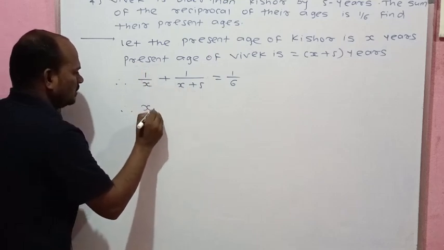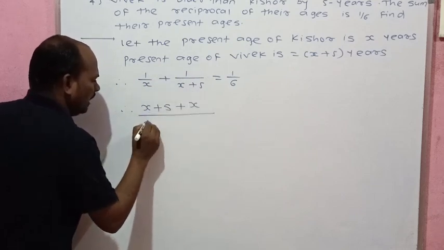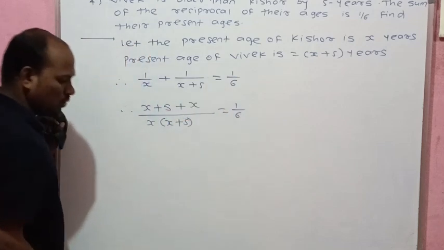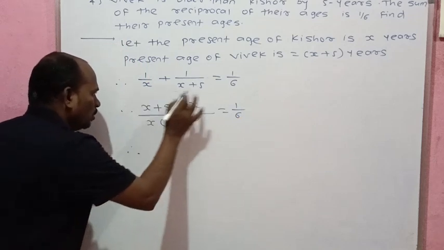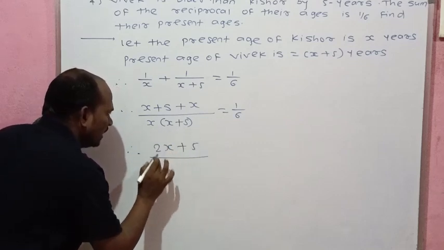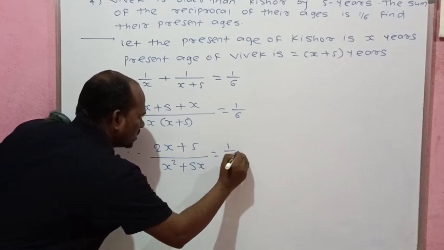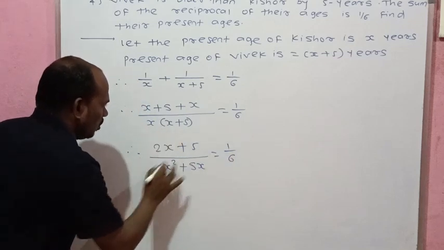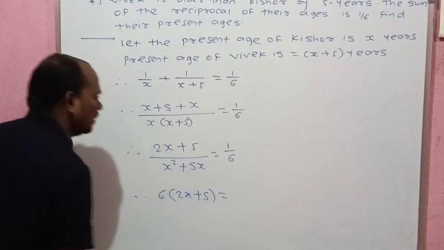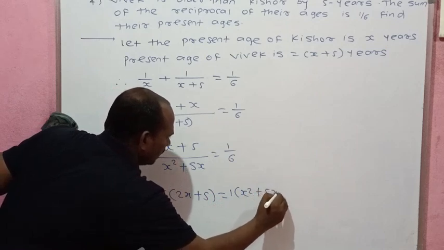Then cross multiplication: x plus x plus 5 divided by x into x plus 5 is equal to 1 by 6. Therefore 2x plus 5 divided by x square plus 5x is 1 by 6. Then cross multiplication: 6 bracket 2x plus 5 equals 1 bracket x square plus 5x.